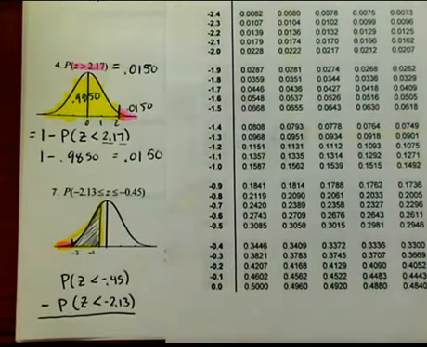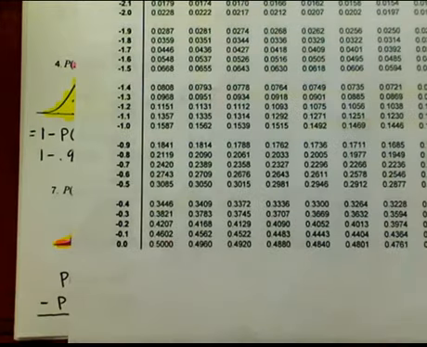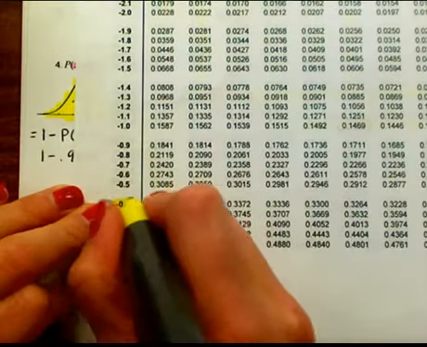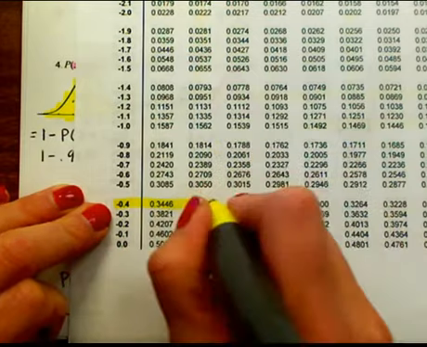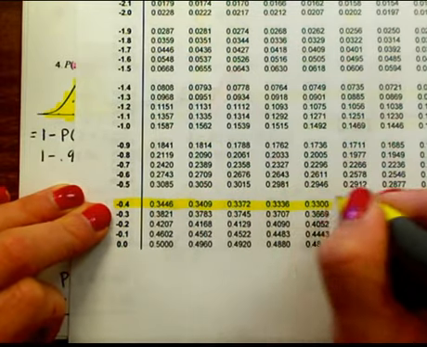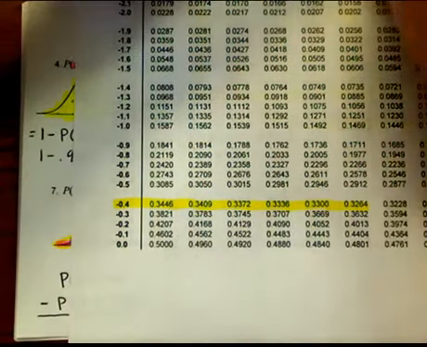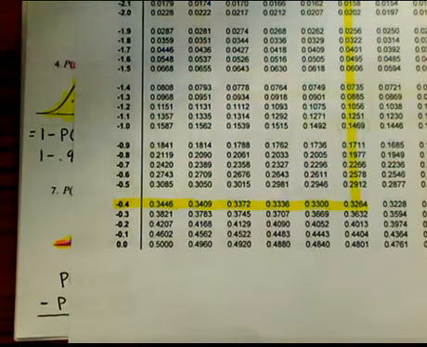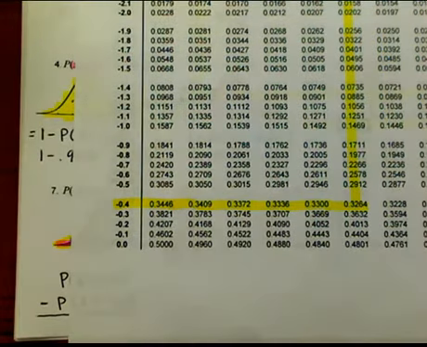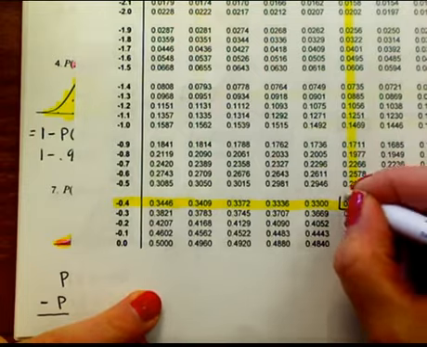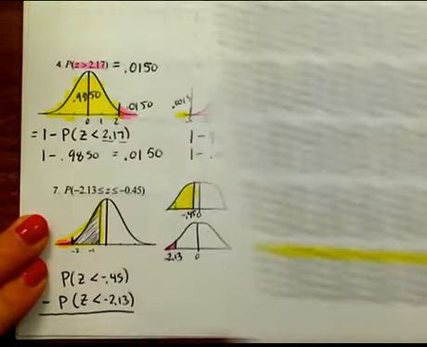See if I can find this. 0, 1, 2, 3, 4, 5. And I check the top of my diagram, and yes, 0.3264.